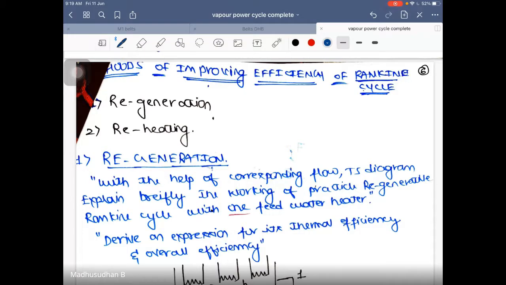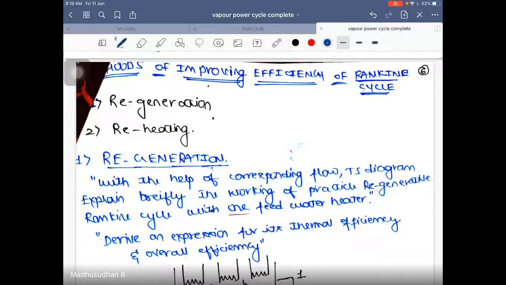One is regeneration, second is intercooling, and third is reheating. Now, where did you apply the intercooling? Whether between the compressors or between the turbines? In between the compressors. So if you apply it in between the compressors, intercooling can be achieved. Do I have a compressor in the case of a Rankine cycle?